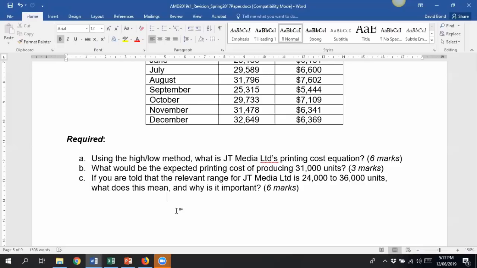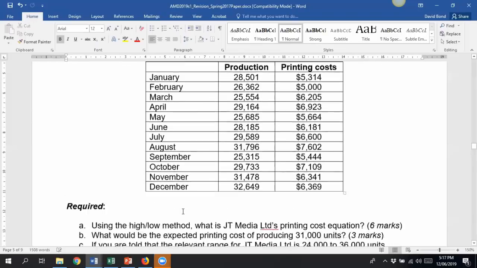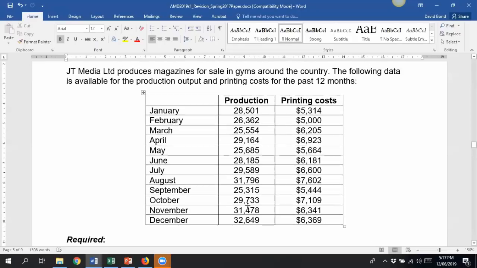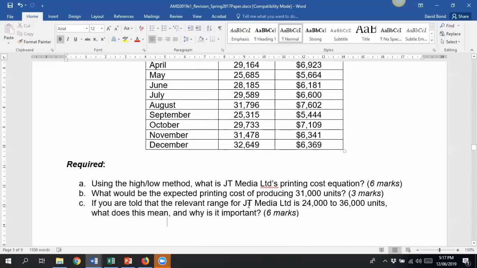So imagine if you were considering an expansion and you were going to produce 50,000 units or 80,000 units, or I don't know, much larger numbers. It would be unwise to continue to use 2,251 as the fixed cost for whatever your underlying analysis is, because it just wouldn't be relevant.